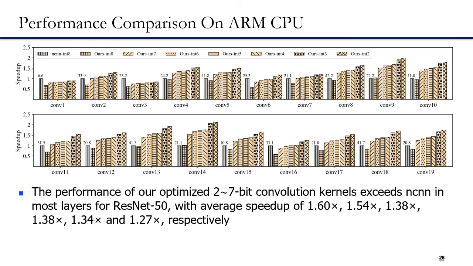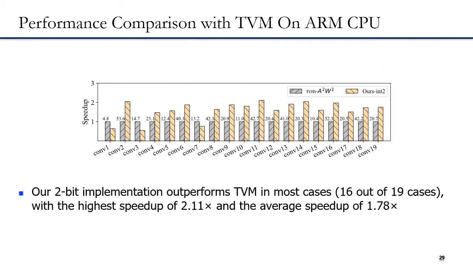This figure shows the performance comparison of 2-bit convolution between our kernels and TVM. Our 2-bit implementation outperforms TVM in most cases, with the highest speedup of 2.11 times, and the average speedup of 1.78 times.